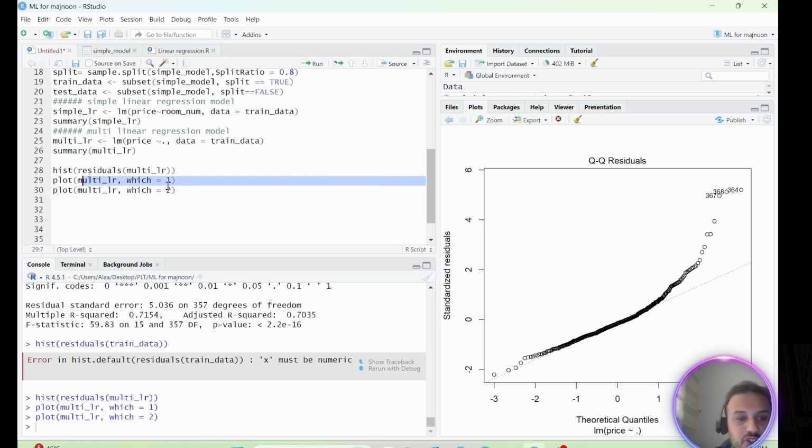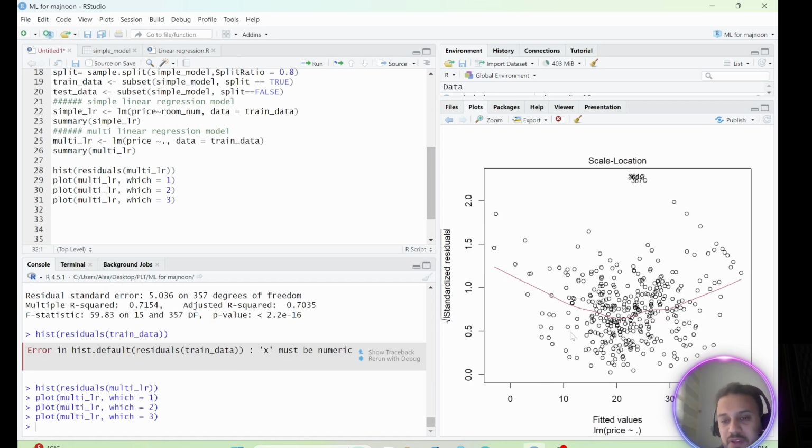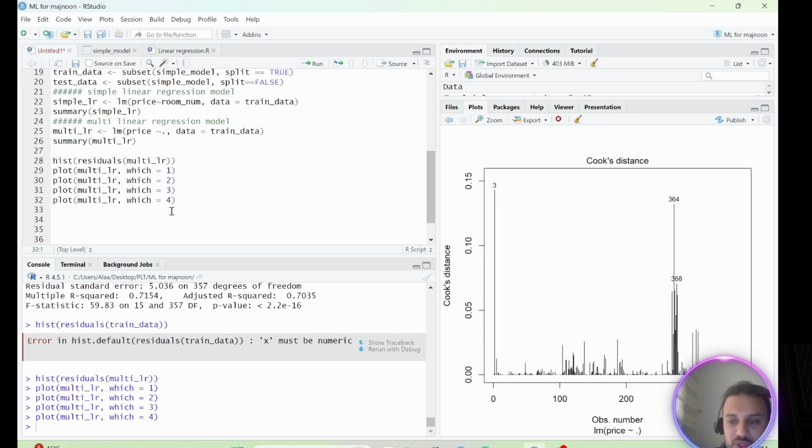And you can also check, there's a lot of plotting here. For example, you can check which equal to 3, and if you give it enter, you will have another plot, and likewise 4. 3 and 4 you will have up to 6. So this is an easy way to plot the most important plots and get insight from your data.